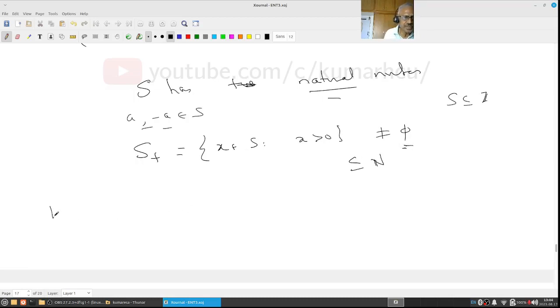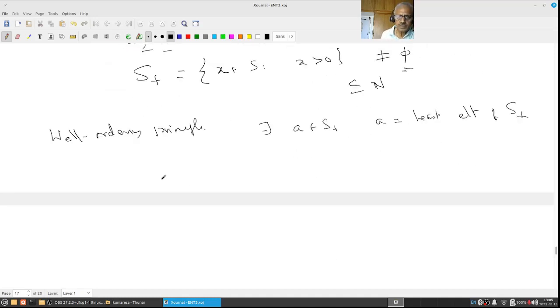I can use the well ordering principle. Therefore there exists a in S plus such that a is the least element.